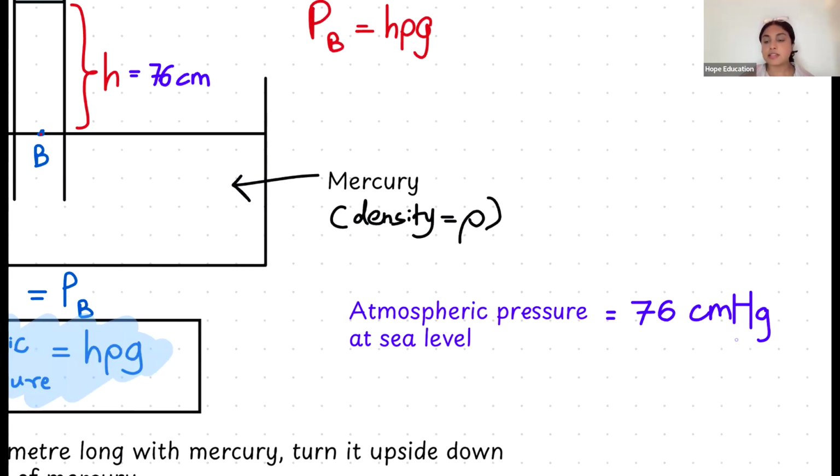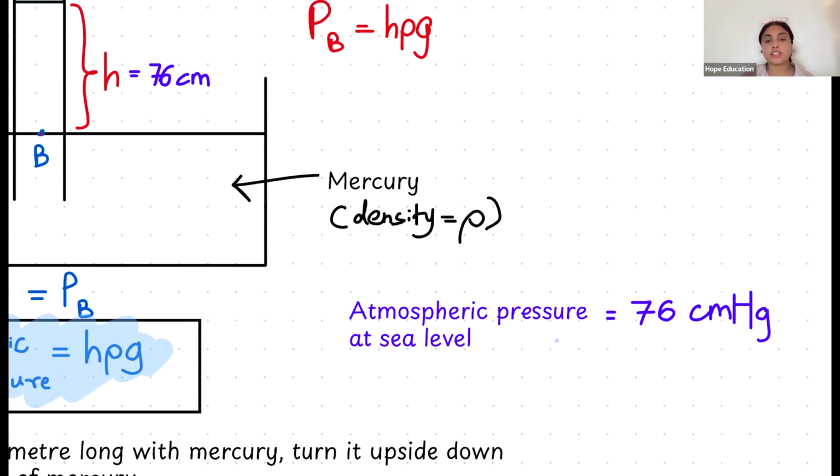So this is also a unit of pressure. Pascal is a unit of pressure. N m minus 2 is a unit of pressure. This is also one way you can express pressure. Right? Without calculating Pascals, you just take the height directly and put Hg at the end. So you get pressure. So this is one way how you can express pressure.